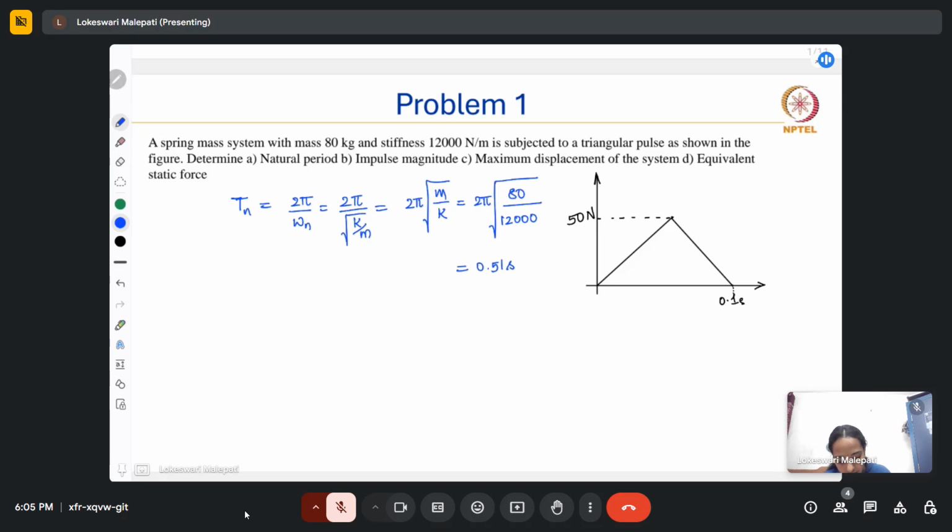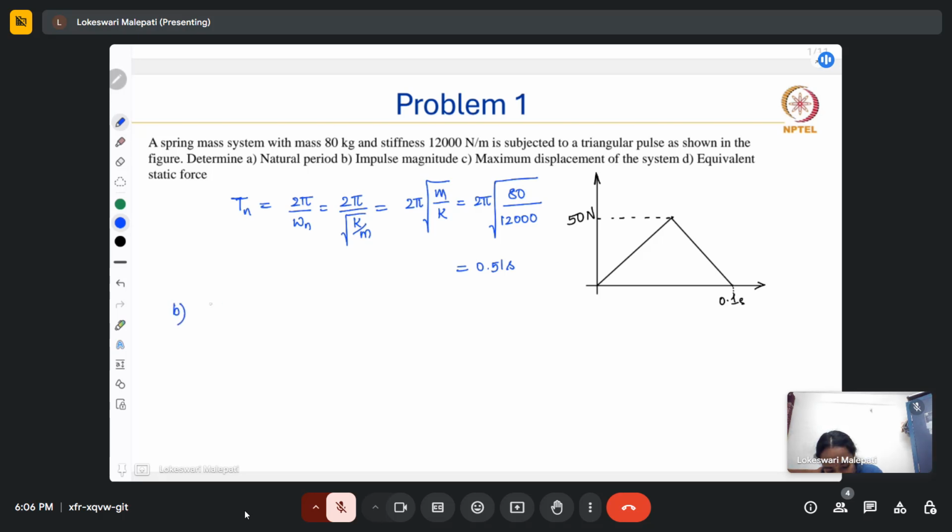And the second thing is impulse magnitude. When the pulse is acting for a very short duration of time relative to the natural period, then we can approximate this as an impulse acting for a very short duration, and the magnitude of the impulse will be equal to the area under this pulse diagram. That concept is already covered in the lectures.